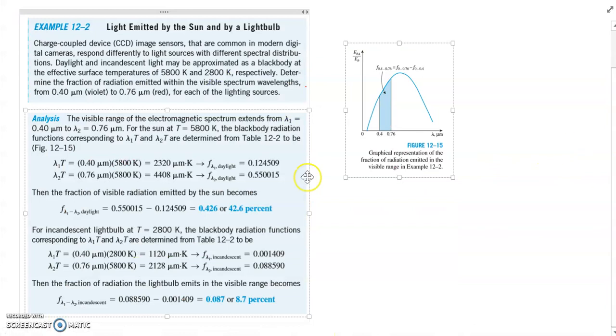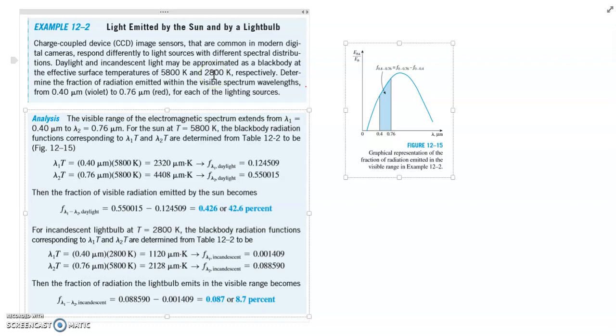So let's look at an example. Charge coupled device, CCD, image sensors that are common in modern digital cameras respond differently to light sources with different spectral distributions. Daylight and incandescent light may be approximated as blackbodies at effective surface temperatures of 5,800 Kelvin and 2,800 Kelvin respectively.